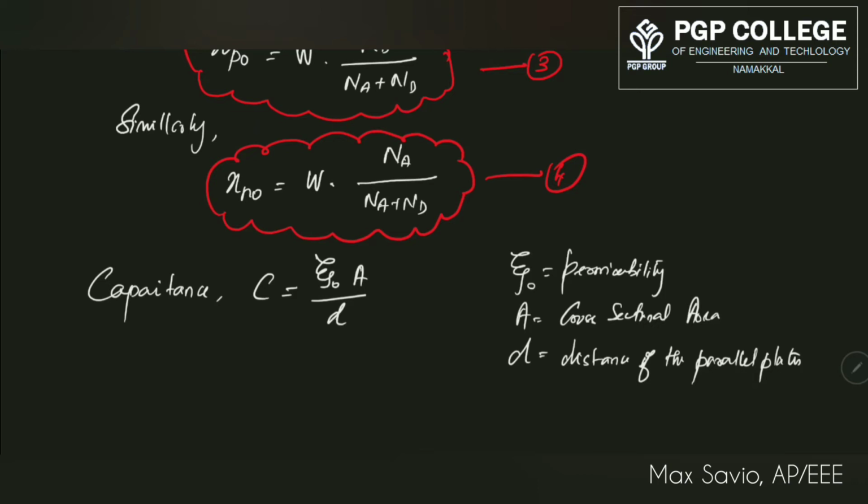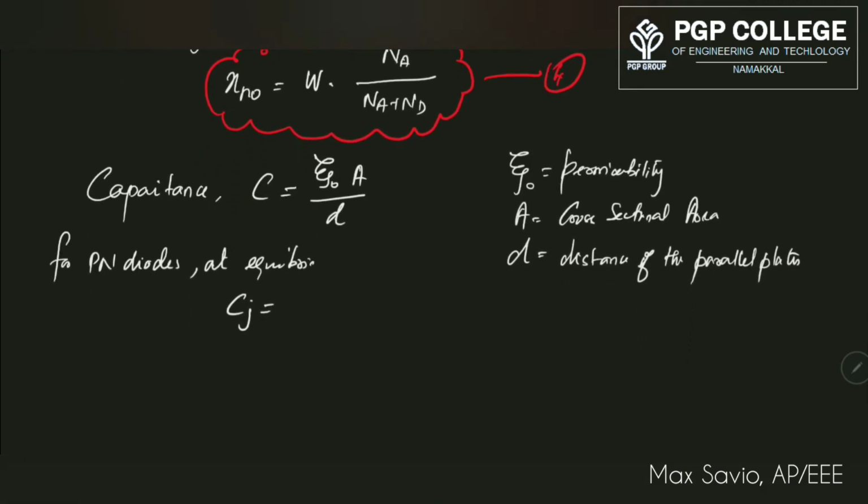And when you come to the p-n junction diode, at equilibrium, let me write it as Cj, which is the junction capacitance. I'll take it as epsilon Si, because we are using a silicon semiconductor. A divided by d, where d is the width of the depletion layer, the width of the parallel plate.